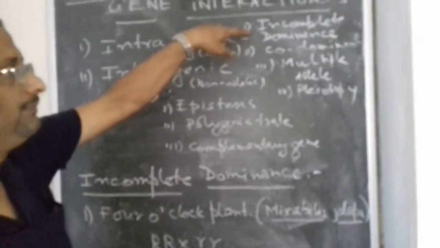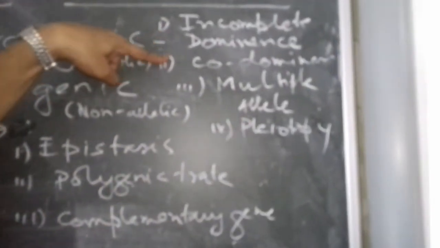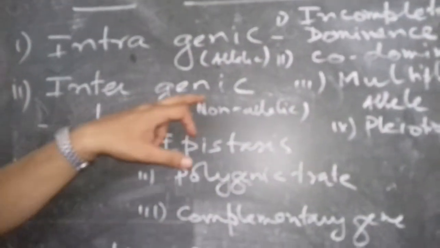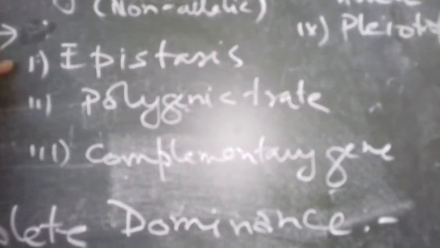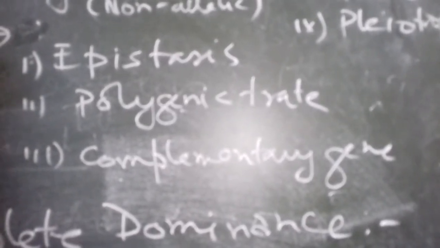Incomplete dominance, codominance, multiple alleles, and pleiotropy. In intergenic or non-allelic gene interactions, epistasis in different forms, polygenic traits, complementary genes.